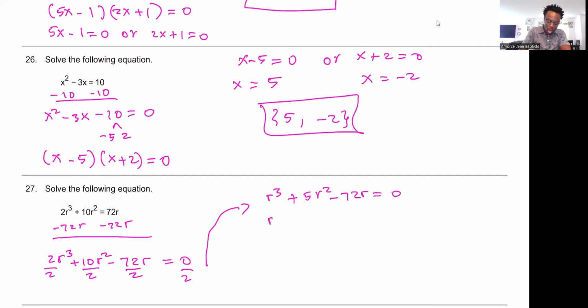Then we factor r out. So that's r times r squared plus 5r minus 36 equals 0.